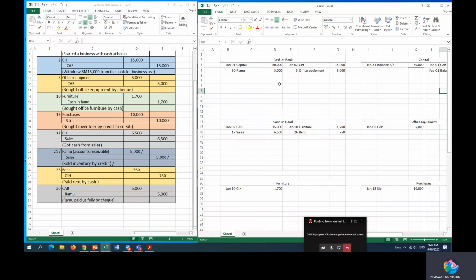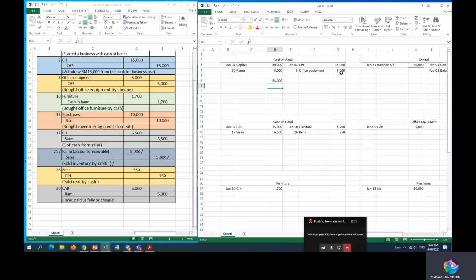I'm giving some space here because I want to write down balance C/D on the credit side. So I will have 55,000. How do I get 55,000? 50,000 plus 5,000 is 55,000.